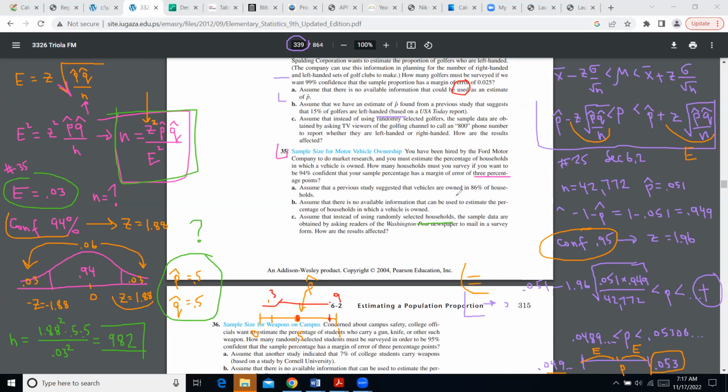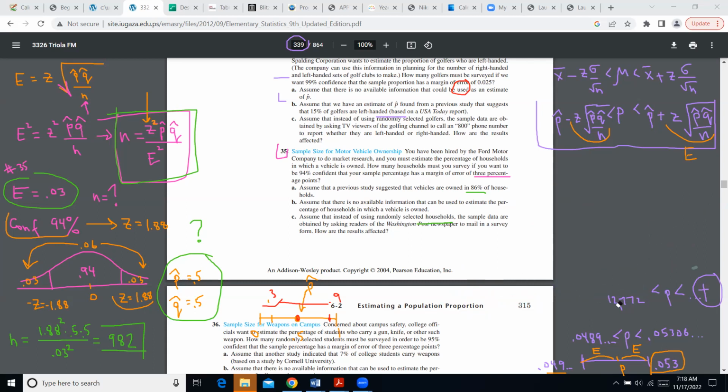Now, when I look at the part A, I just noticed that they actually gave us a P, and that's much better because now we get a much better estimate. So let me do part A now. So I will repeat exact same process again, but with a different value of P and Q. So I just didn't read part A. I thought that was already the whole problem for some reason, but it's actually part A here.